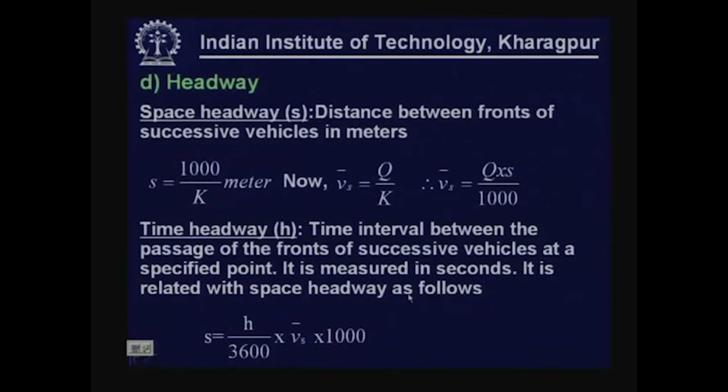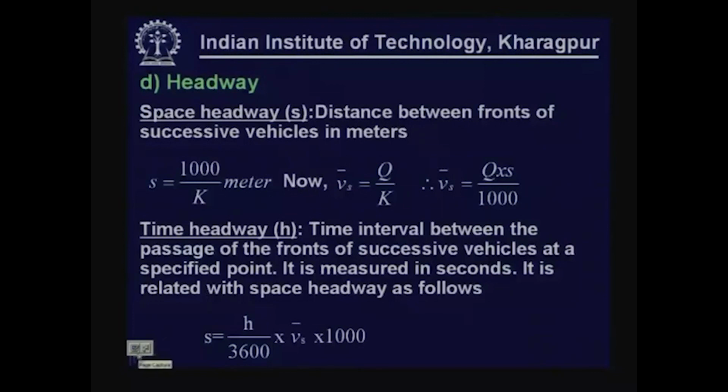Now, the other microscopic measure, headway. Here we do 2 types of headway measurement. We call them time headway and space headway. Space headway is often referred to as spacing. Time headway means the time gap between the passing of 2 vehicles. Space headway, or spacing, is the distance between the fronts of successive vehicles.